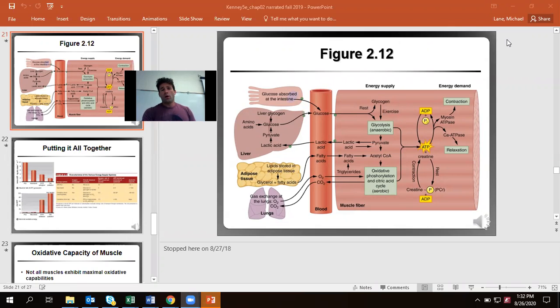Now, when it comes to our beta oxidation and our aerobic glycolysis, what can we increase the number of that will allow us to increase the energy production from those systems?